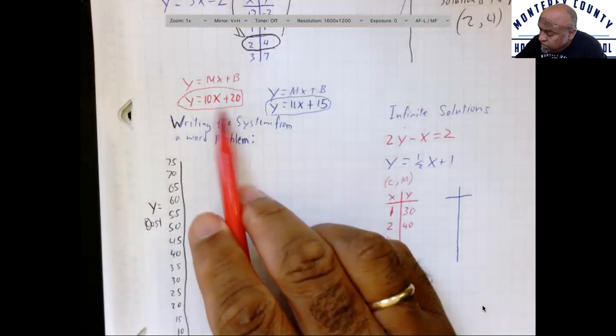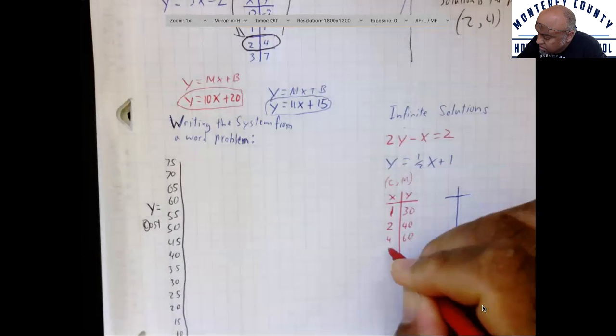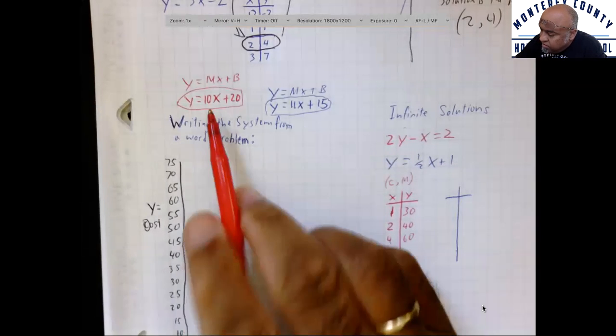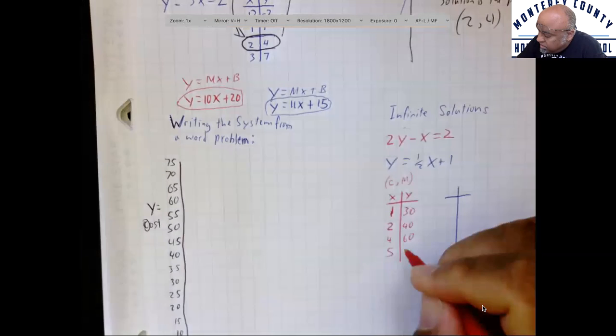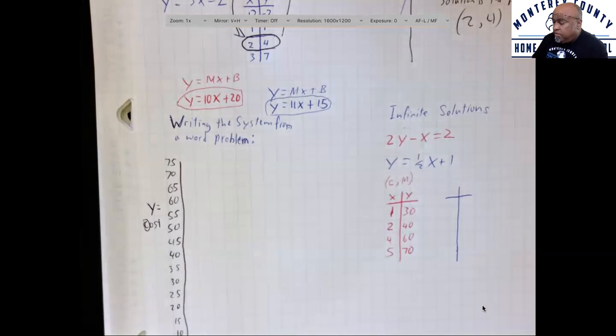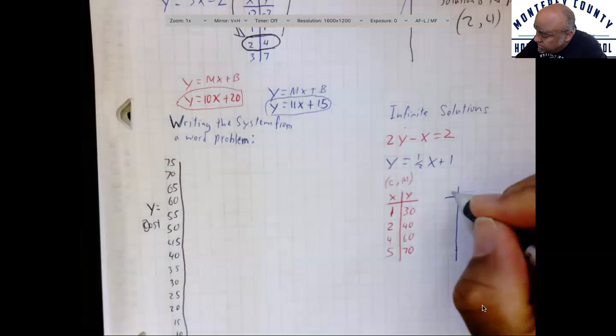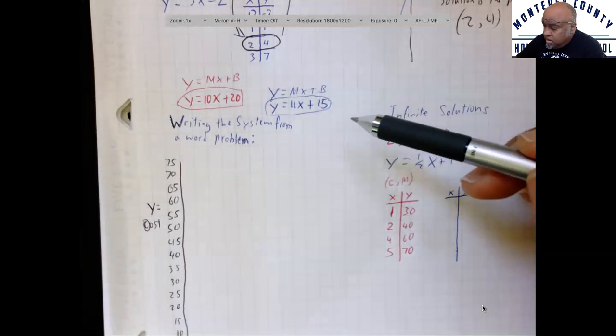And then 40 plus 20 is 60. I'll do 5 months. 5 times 10 is 50. 50 plus 20 is 70. Okay, got some good values there.